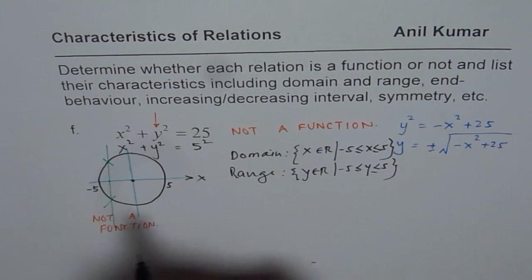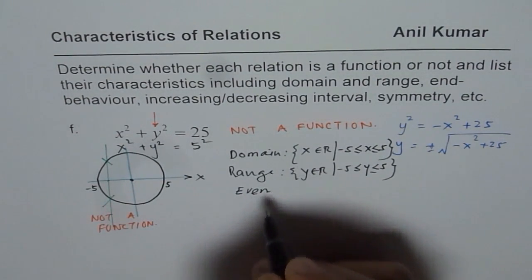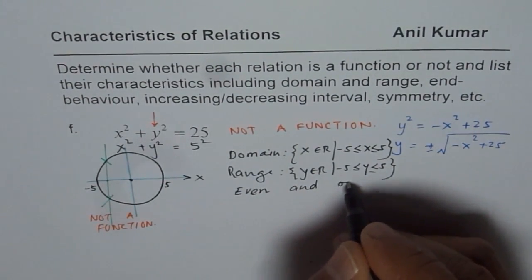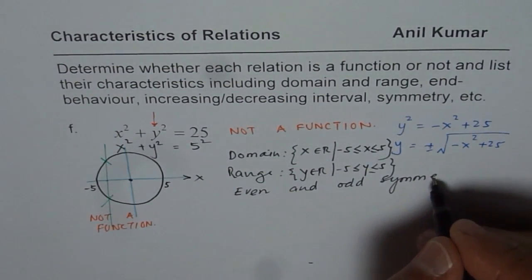You know, it is a circle. It has both even and odd symmetry. So this relation has both even and odd symmetry.